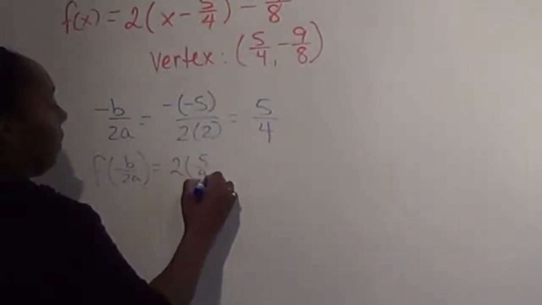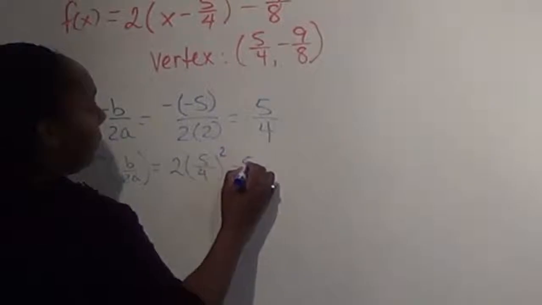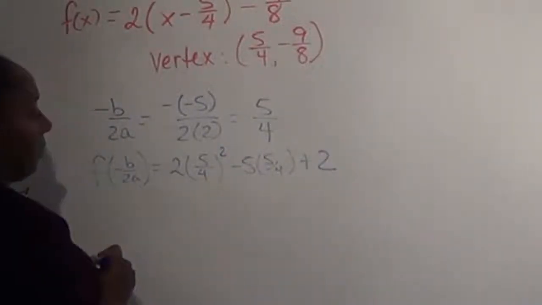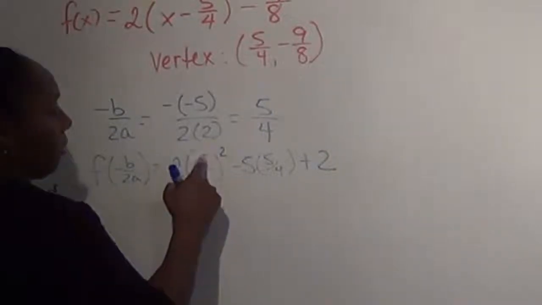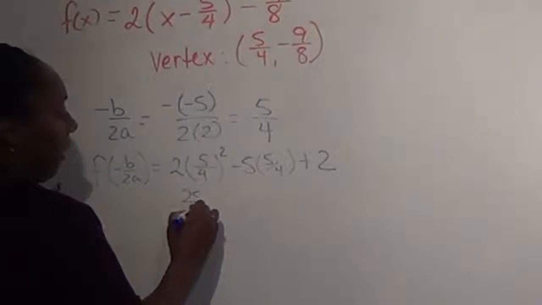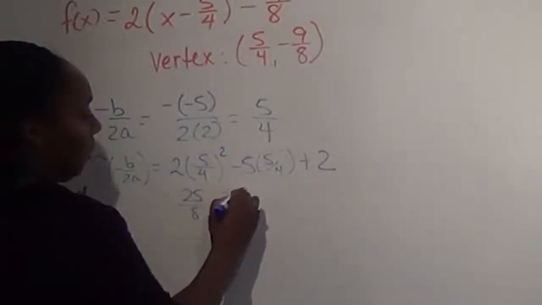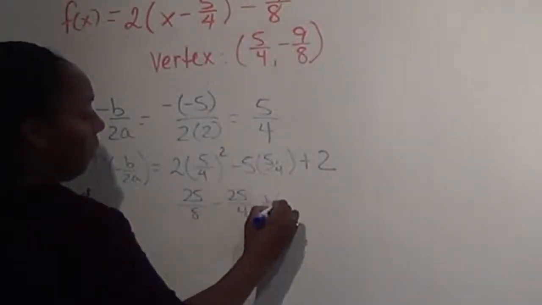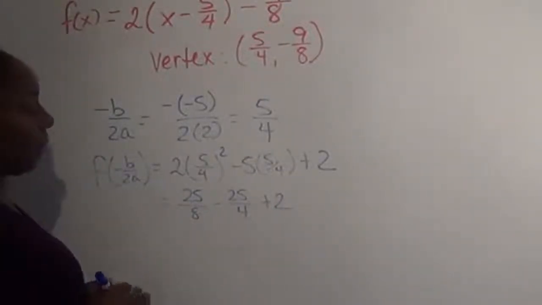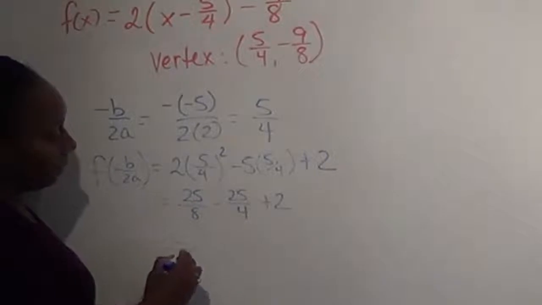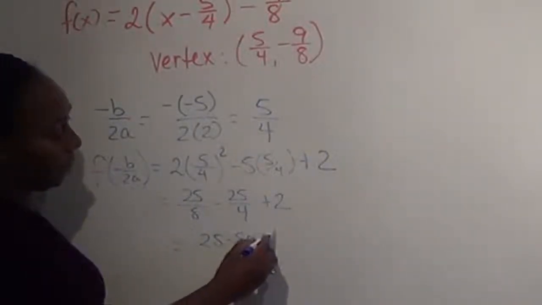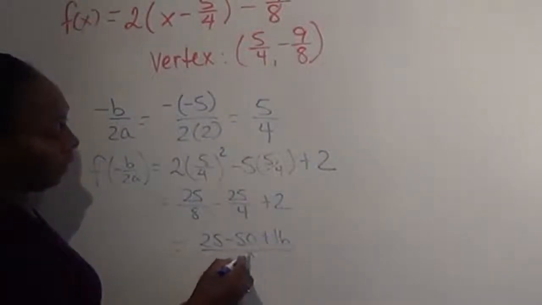So 2 times 5 fourths squared minus 5 times 5 over 4 plus 2. Okay, and we can simplify, so we'll get 25 over 16 times 2, which is 25 over 8, minus 25 over 4 plus 2. If we get a common denominator through here, which is going to be 8, we can see we'll get 25 minus 50 plus 16 all over 8.